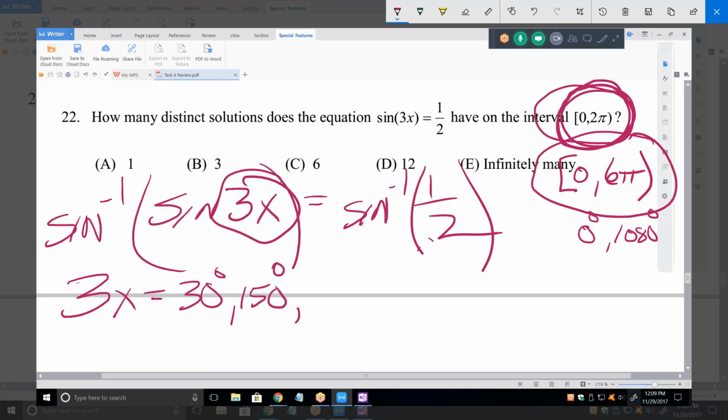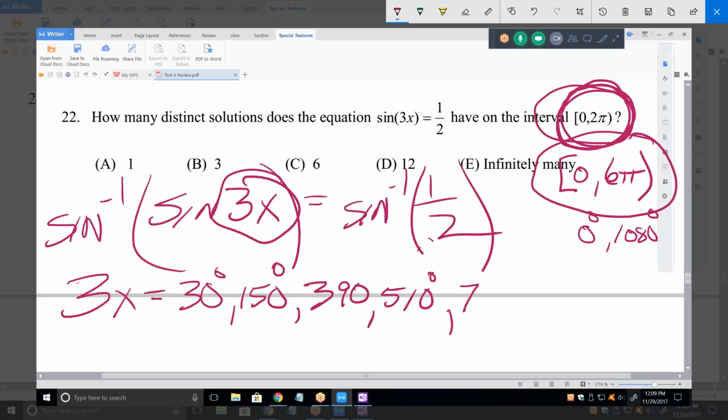So one would be 390. And then 510. You add 360 to each of your answers. Now, that goes out to 4 pi. We need 2 more. So it'd be 720.